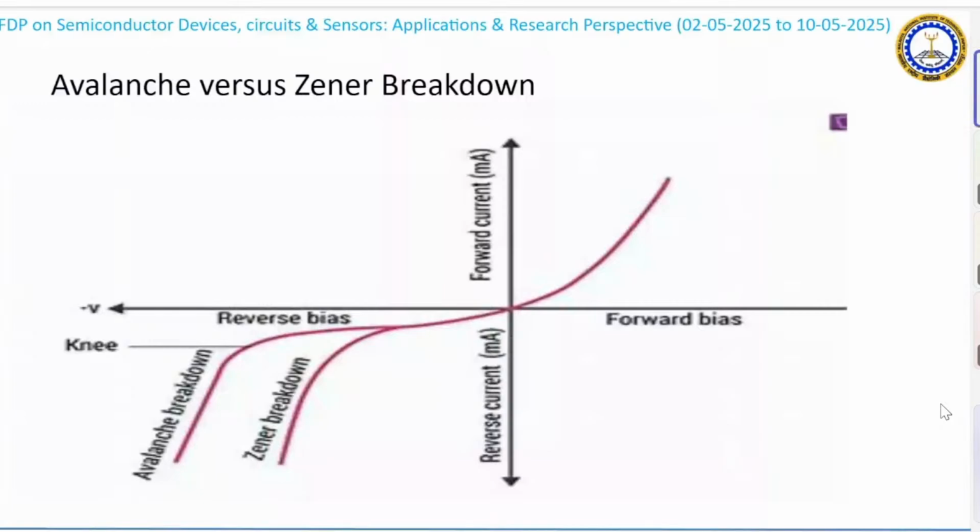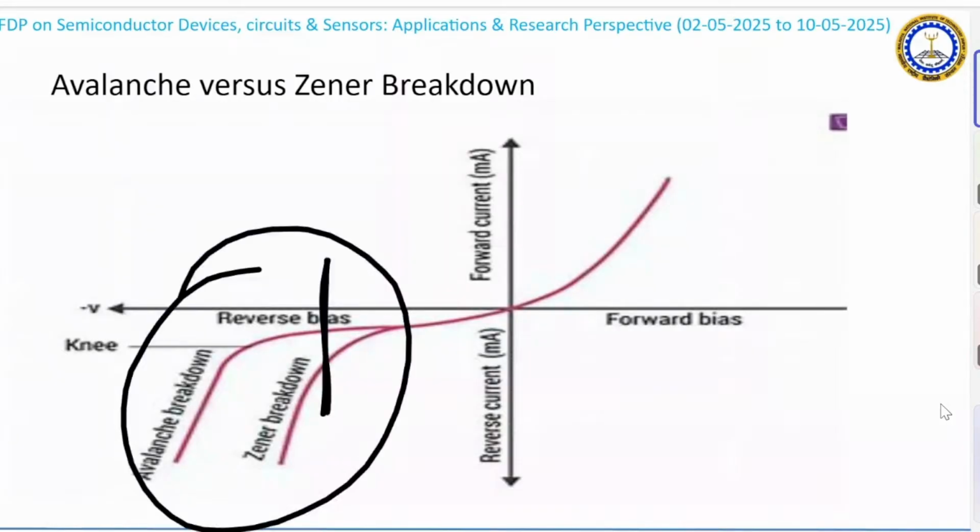Next one was the Zener breakdown and avalanche breakdown. So these are the characteristics of the simple diode versus the Zener breakdown. We have to focus on the reverse bias condition. Somewhere here you will have your VZ voltage, and you can see the avalanche breakdown will have the PIV, peak inverse voltage, or it comes with the breakdown voltage.